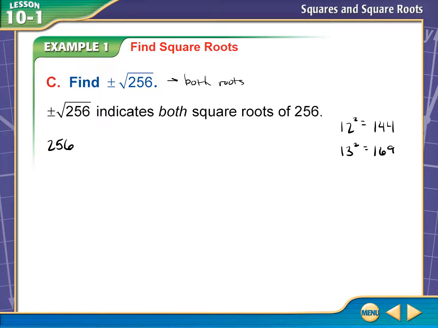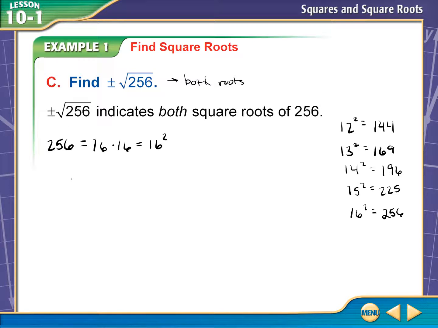Okay. 14 squared, 14 times 14 is 196. 15 squared, 15 times 15 would be 225. And 16 squared, if I do 16 times 16, you'll see that you get 256. So 256 is equal to 16 times 16, or 16 squared.